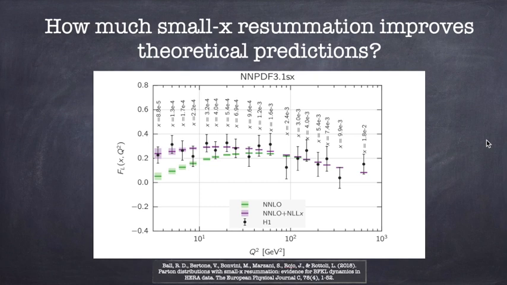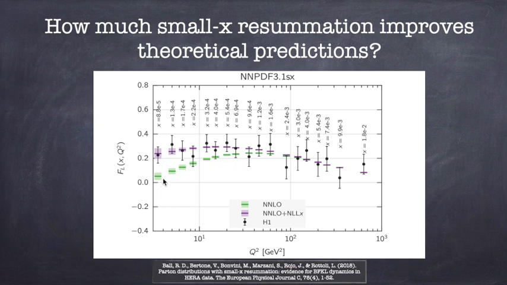One can ask how much the resummation of this small x contribution can improve the theoretical prediction. One can compare the resummed result with some experimental data. In this case, we have as observable the longitudinal structure function for the DIS, and the dots represent the data from HERA.